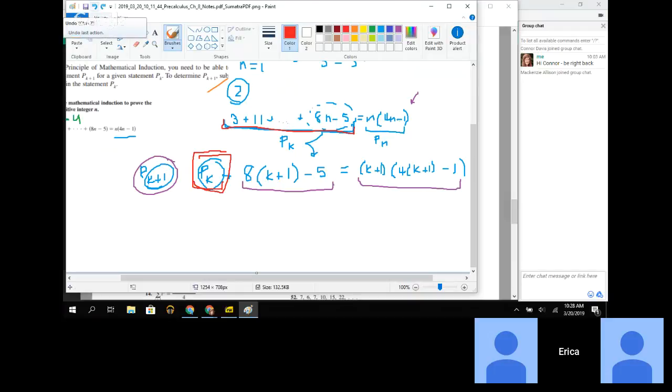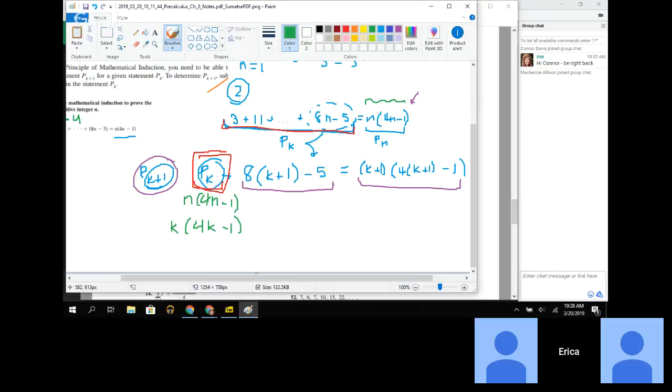So for my p sub k, I am going to use n times 4n minus 1, because that represents all the numbers that I've added up before I've added on my k plus 1. But instead of using n, I'm going to write it as k times 4k minus 1, because that then represents all the numbers that I added up before I added my next term on.